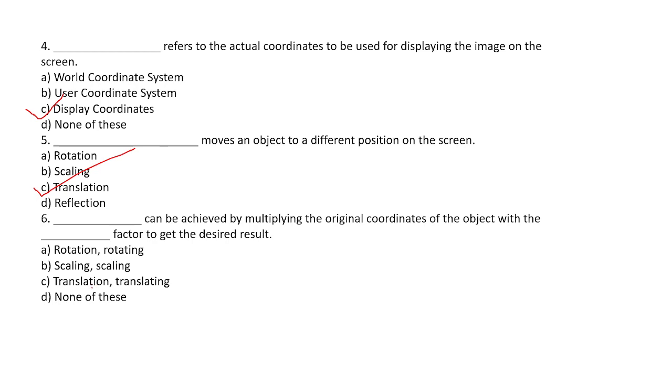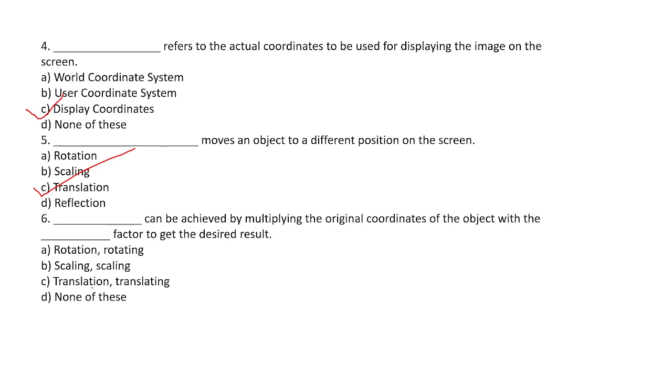The next question is fill in the blank: can be achieved by multiplying the original coordinates of the object with the, again a fill in the blank, factor to get the desired result. Just now we have discussed about those things, right? So D. Yeah, so we have seen that scaling only can be achieved by multiplying the original coordinates of the object.